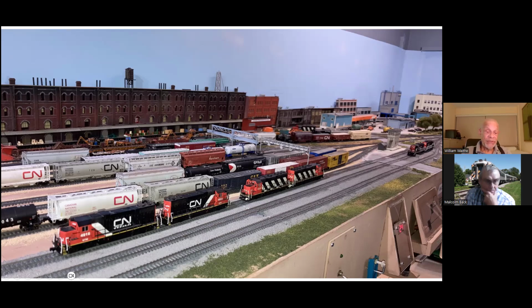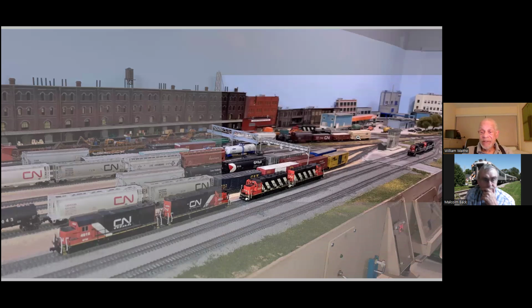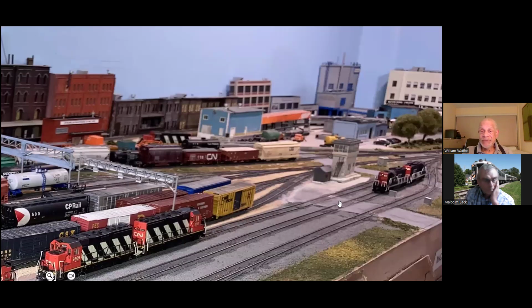This yard also has some, if I can find that magnifying glass in here in the distance, engine facilities. We have repair in place facilities for locomotives, a building for the yard staff, for the workers in the yard.